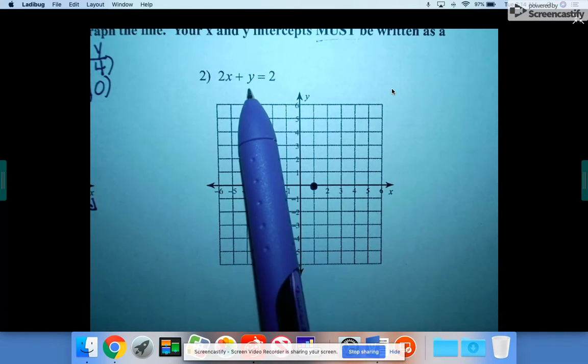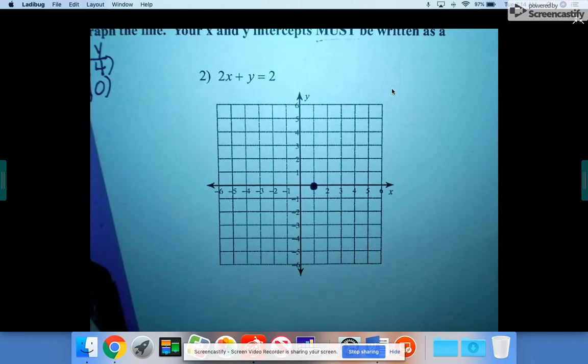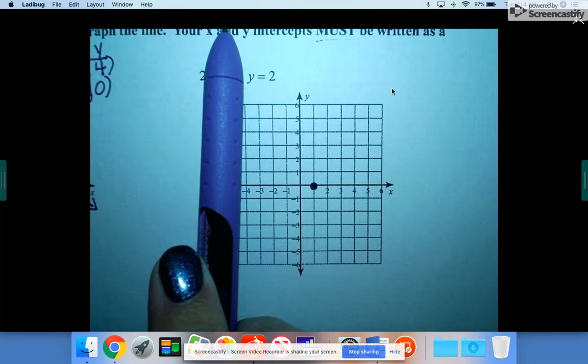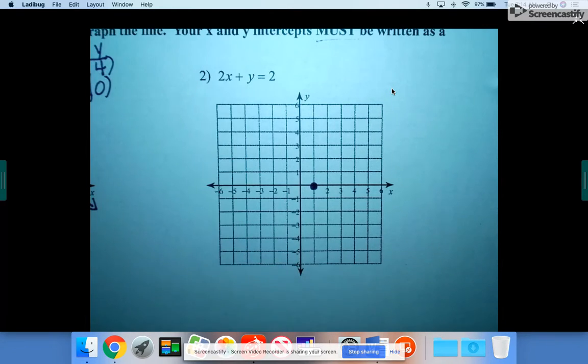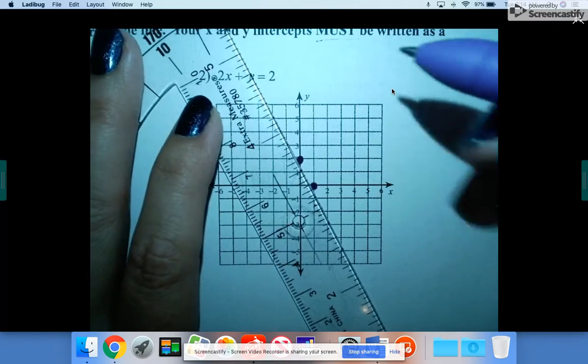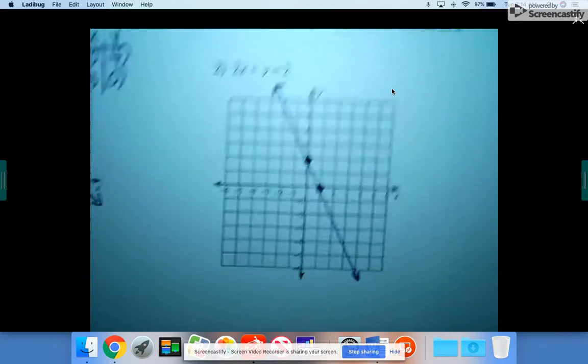Okay, when you want to get your y-intercept, cover up x because that x is 0, so it takes the whole thing to 0, and it just tells you that y is 2. So there's nothing to do, it's just y is 2. So on the y-axis, it's at 2. All right, let's try a few more.